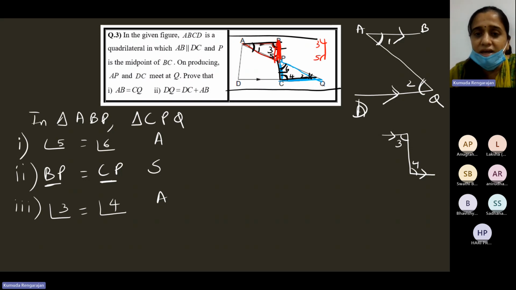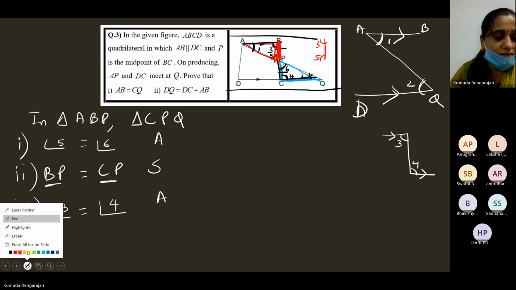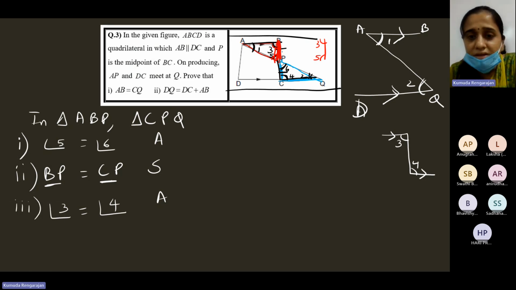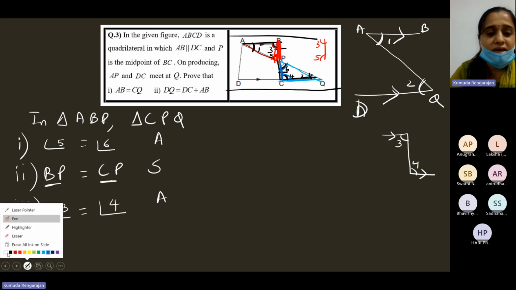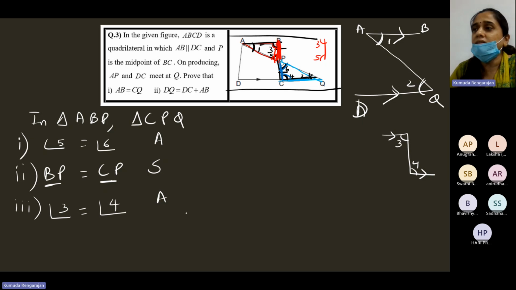And CP contains angle 6 and 4. One side and the two angles on the included side. So by ASA, 2 angles and the included side, ASA congruence rule, the 2 triangles are congruent to each other.